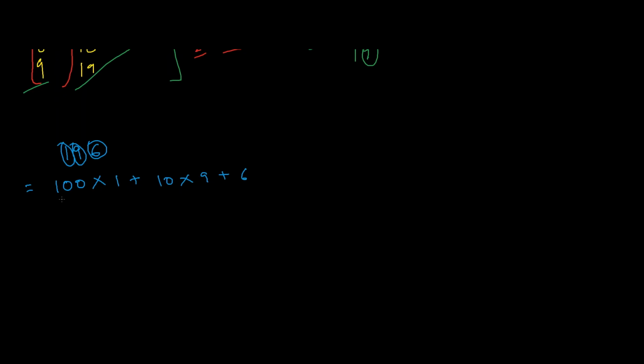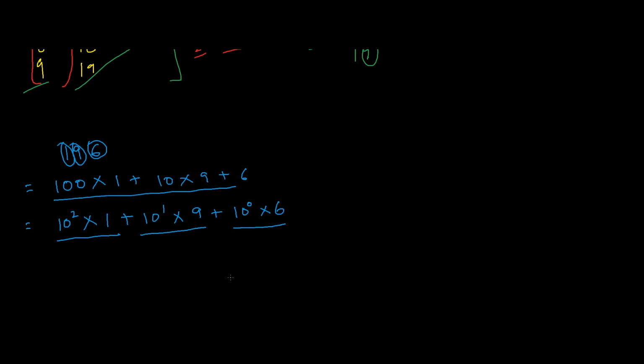And to make the pattern more evident, let's write it down like this. Plus 10 to the 0 times 6. So instead of writing 100 and 10 and 1, I've just written down the powers of 10. So 100 would be 10 squared, and 100 times 1 would be 10 squared times 1, 10 times 9, and then 6.